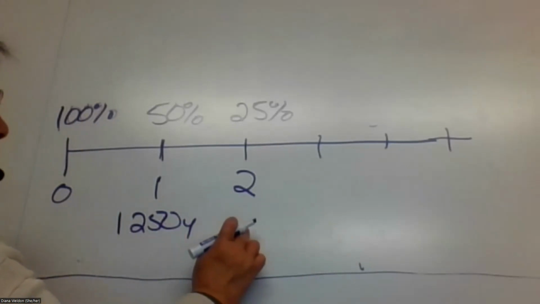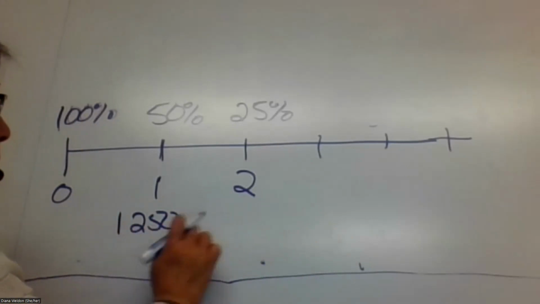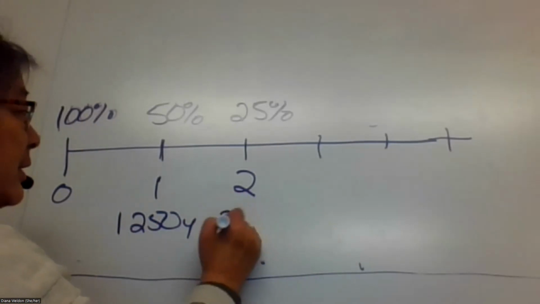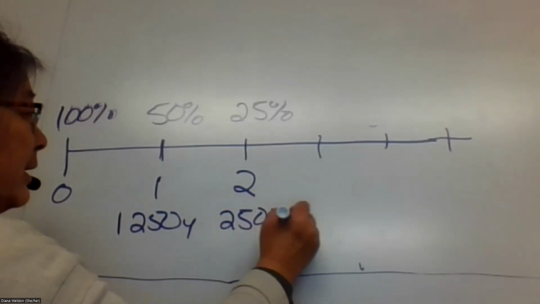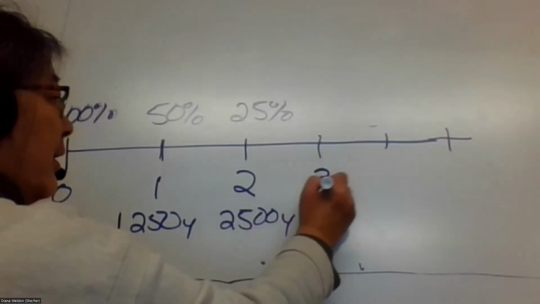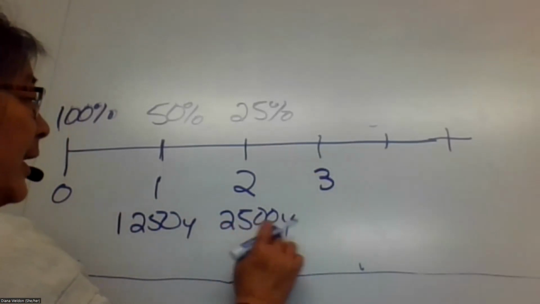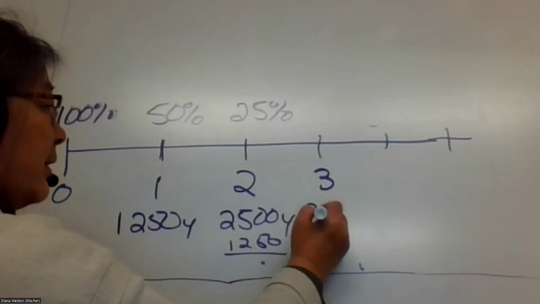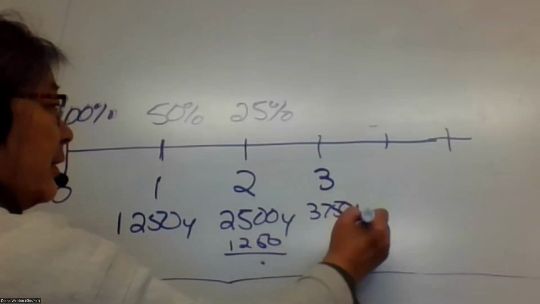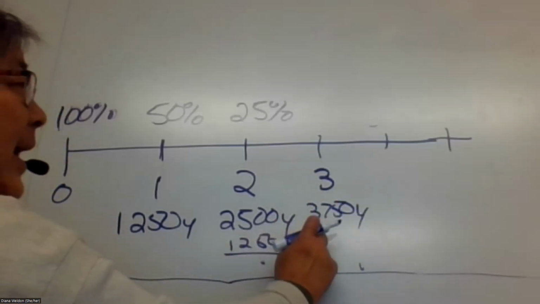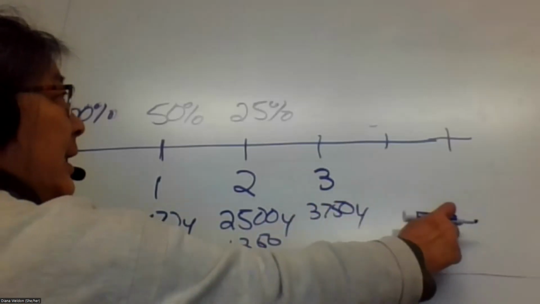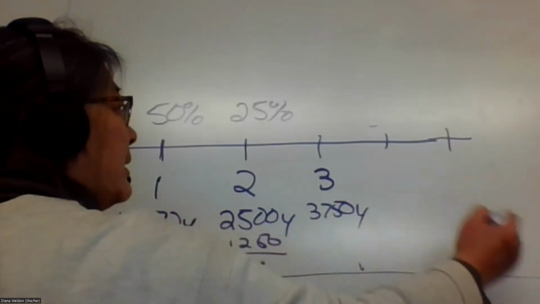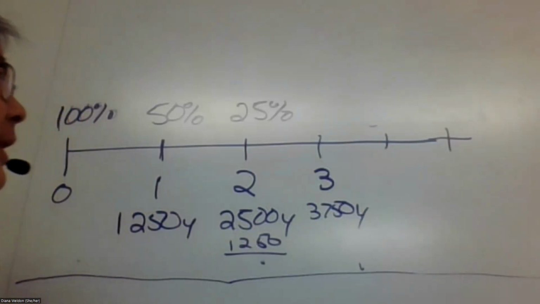The second half-life is 1,250 plus 1,250, which is 2,500 years. The third half-life is 2,500 plus 1,250. That's 3,750 years. And I keep adding 1,250 until I end up getting someplace out here, 7,500, right?